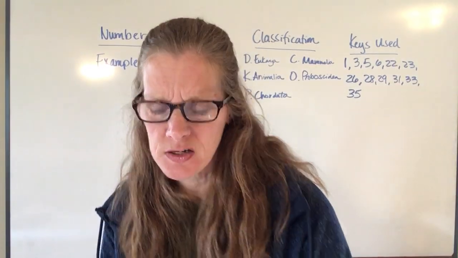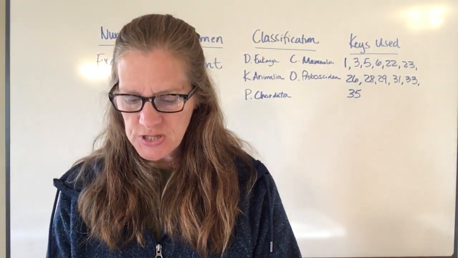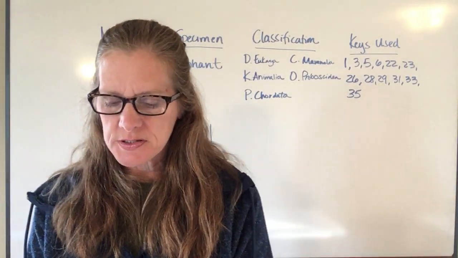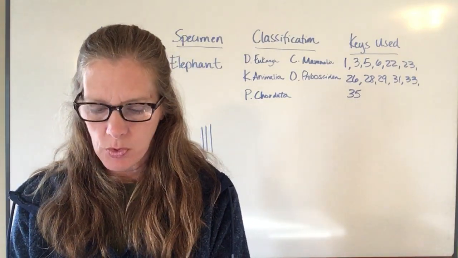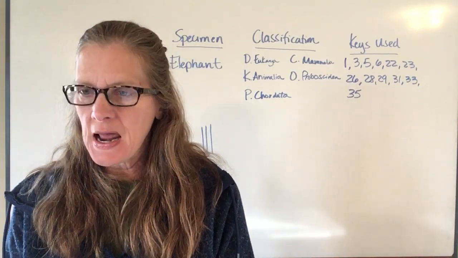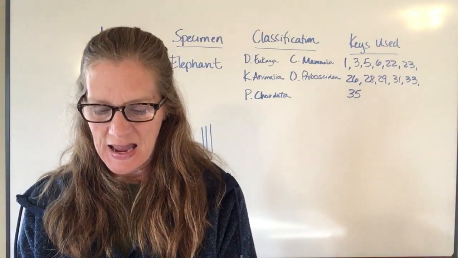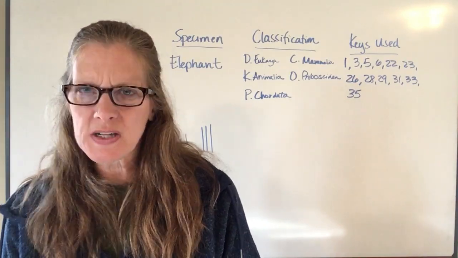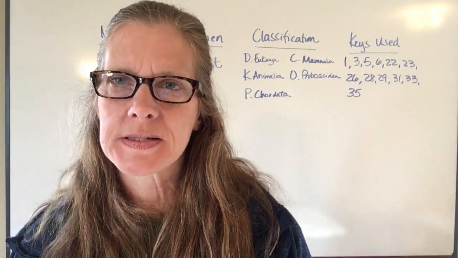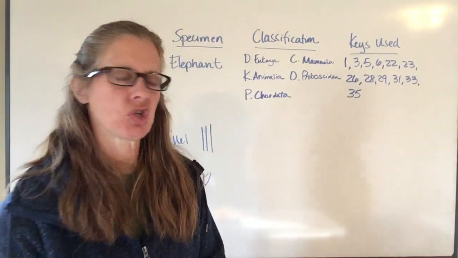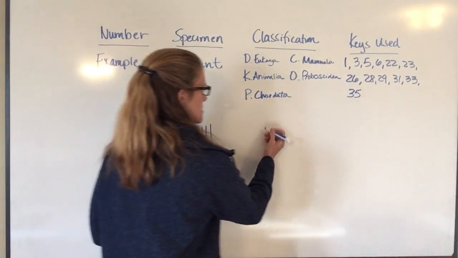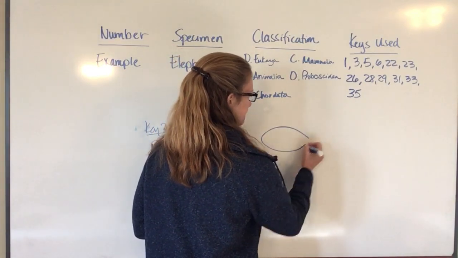If you look at key number 7, it asks, can the organism be externally divided into equal halves, but it has no distinguishable right and left sides? That is going to be something that has a shape like a football.